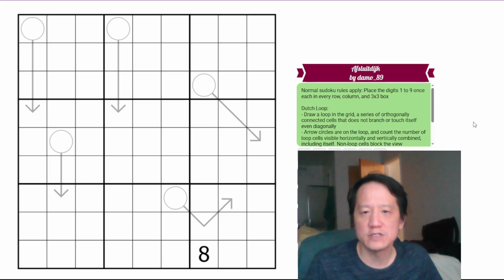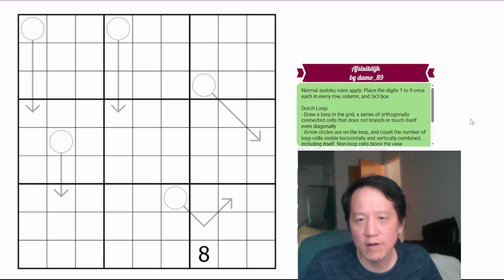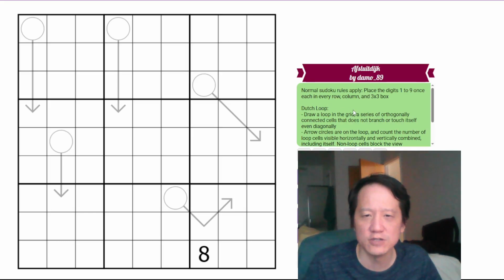Today's puzzle is called Afsluitdijk, I think. This looks Dutch, and we have a Dutch loop as a rule set, so I'm guessing it's Dutch. The DIJK is a very Dutch word.